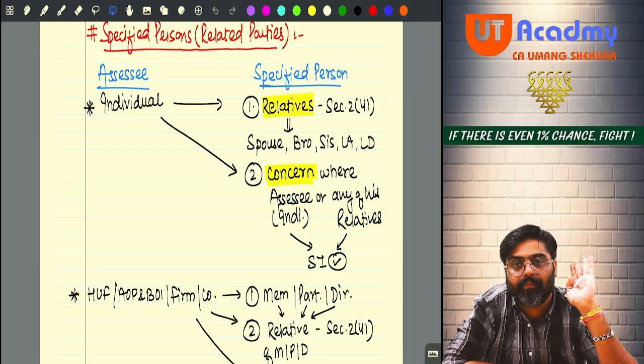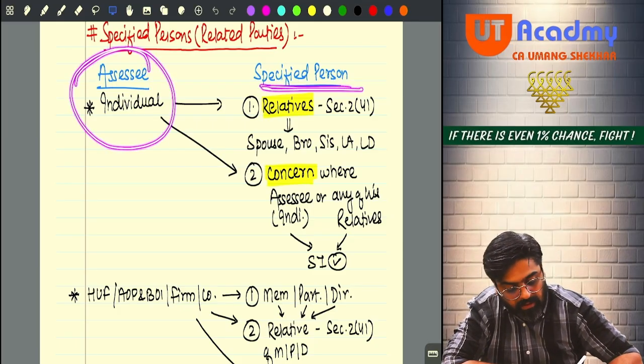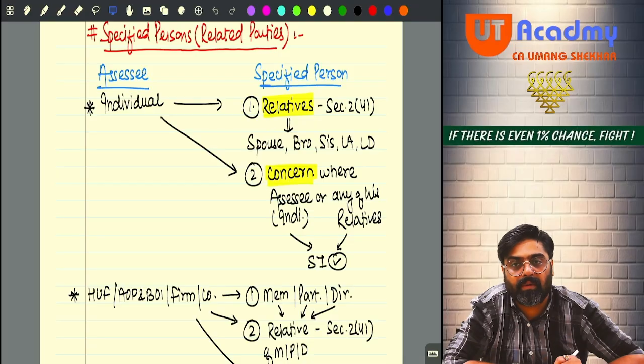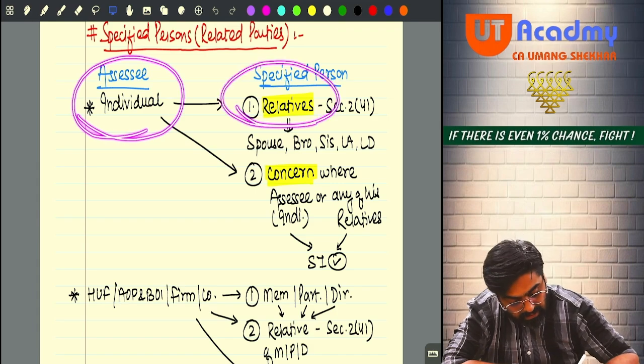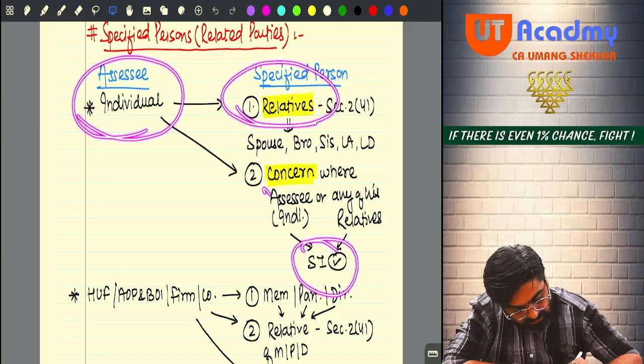So for an individual assessee, who is a specified person? Relative. To a relative, if any payment is made and that payment is unreasonable or in excess of reasonable amount, then that excess amount will be disallowed under section 40A2. Next one. Now this individual or this relative will have a substantial interest in any concern.